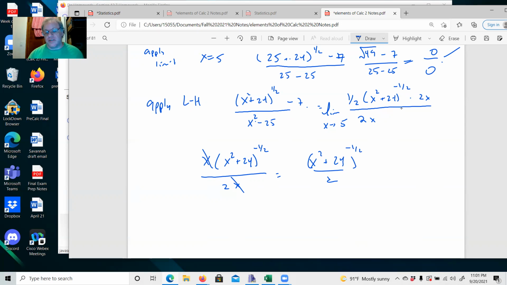I don't think I could put this into an indeterminate form anymore. So let's just go ahead and do this. So this is 1 over 5 times the square root of 5 squared plus 24.